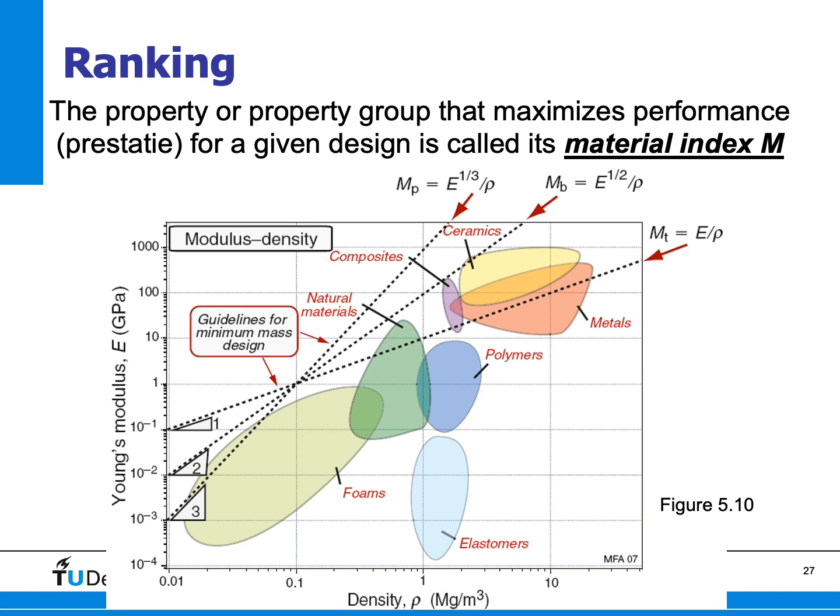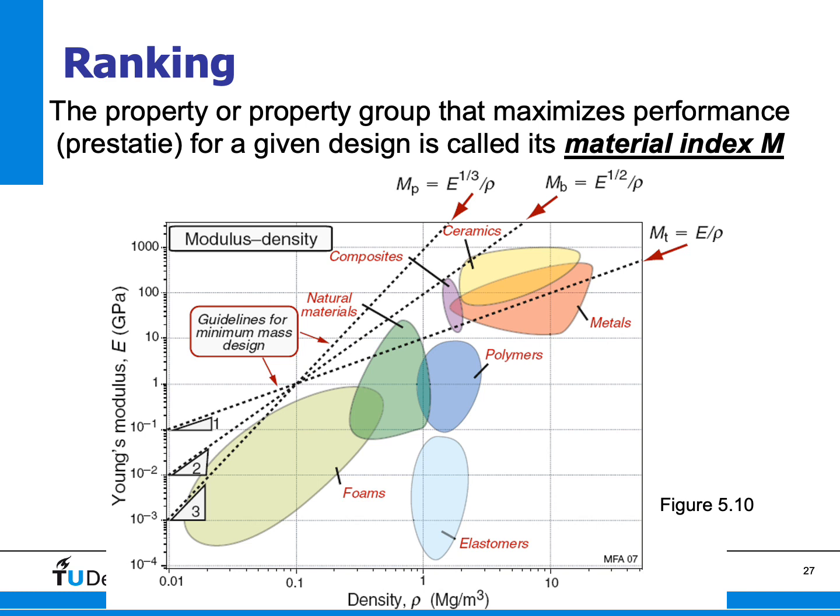And the important point to make here is that you can have different material indices. In this case you see the elastic modulus or Young's modulus to the power 1/3 divided by rho. Here you see the square root of E divided by rho, and here you see E divided by rho.